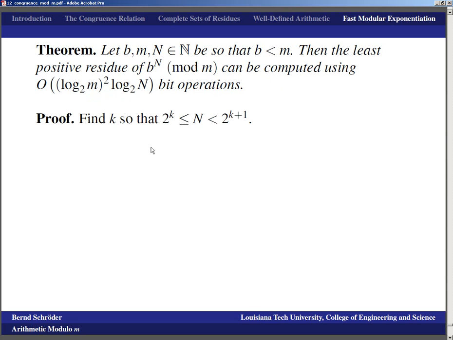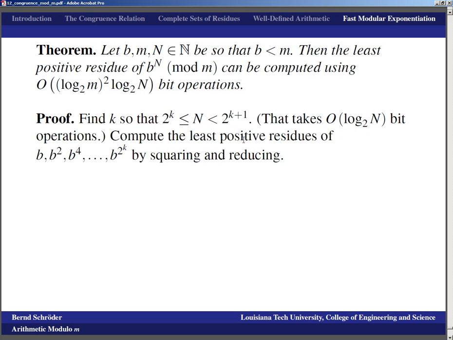Okay, so the proof: we're going to find a k so that 2 to the k is smaller or equal than n, which in turn is strictly smaller than 2 to the k plus 1. That takes capital O of log 2 of n bit operations, because you just compare powers of 2 to n until you bust through the ceiling. Then you compute the least positive residues of b squared, b to the 4th, up to b to the 2 to the k by squaring and reducing.